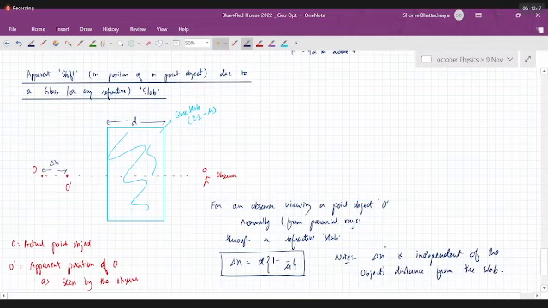So the amount of shift is independent of this, or for that matter, even the observer's distance. It only depends on two things: the thickness of the slab and the refractive index of the slab. The larger the thickness and the larger the refractive index, the more the lateral shift will be, delta x.